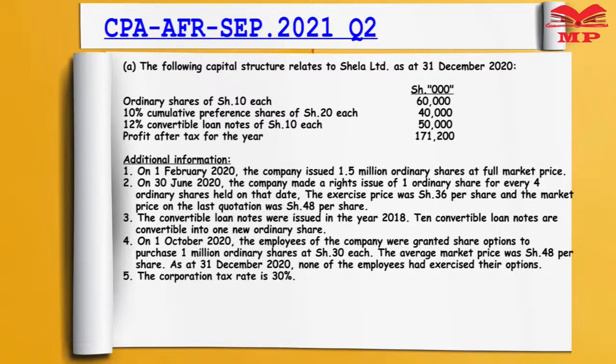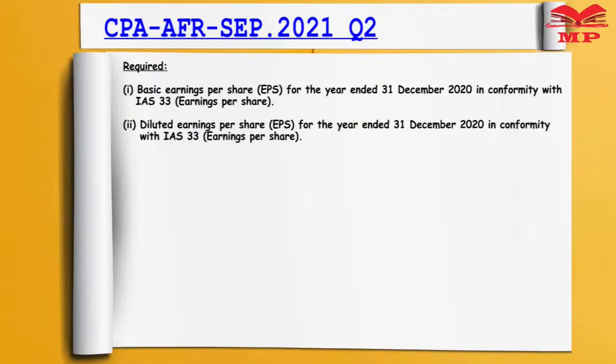As of 31st December 2020, none of the employees had exercised their options. 5. The corporation tax rate is 30%. Required: 1. Basic earnings per share for the year ended 31st December 2020 in conformity with IAS 33 earnings per share. And 2. Diluted earnings per share for the year ended 31st December 2020 in conformity with IAS 33.